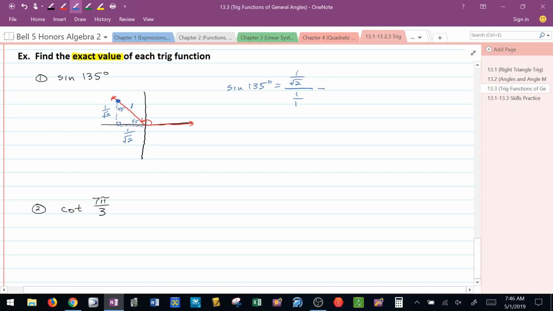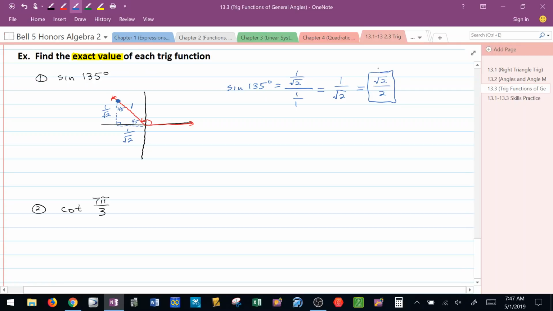From here, I'm going to do big C, little c. So I get 1 over the square root of 2. And because the denominator is irrational, I'm going to rationalize this. So I know that the sine of 135 is going to be the square root of 2 over 2. Now, that's it. We're done.